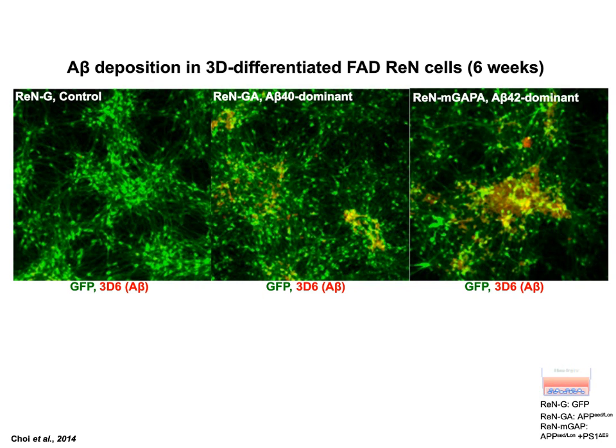This has high levels of A-beta, but mostly A-beta 40, so they are not very aggregating species. You can see very small spots here. But when you go to the MGAF cell line, which has the presenilin and APP together, we see diffuse aggregation of this A-beta peptide, and we also see some very tight aggregates in the cultures.